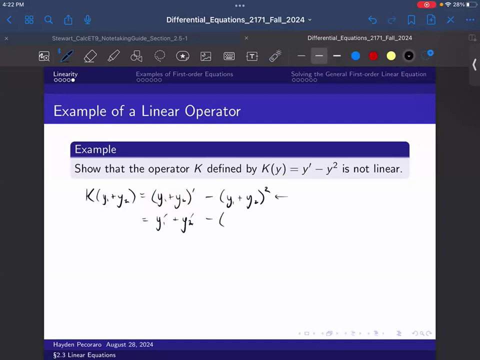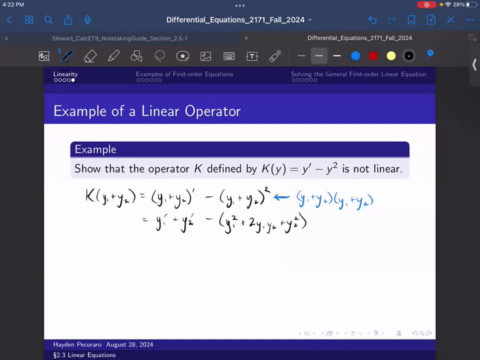What happens over here? This I have to write as y1 plus y2 times y1 plus y2. All right, you help me out. What is that multiplied out? Awesome.